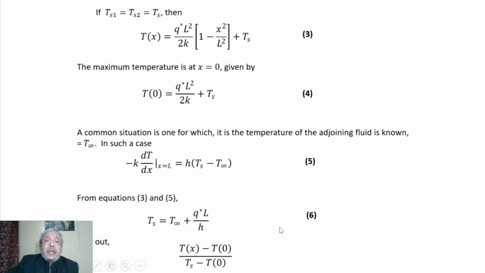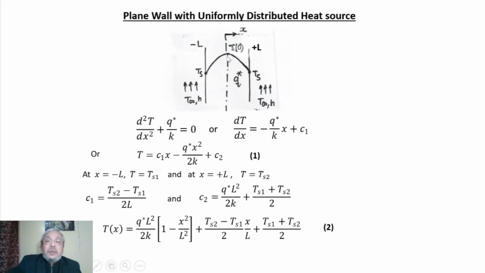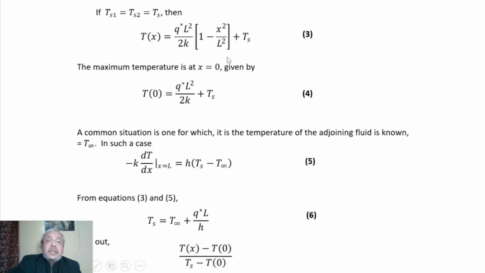So we get T(x) equal to q star L square by 2k into (1 minus x square by L square) plus Ts. The maximum temperature is naturally at x equal to 0, defined by T0 equal to q star L square by twice k plus Ts, equation 4.